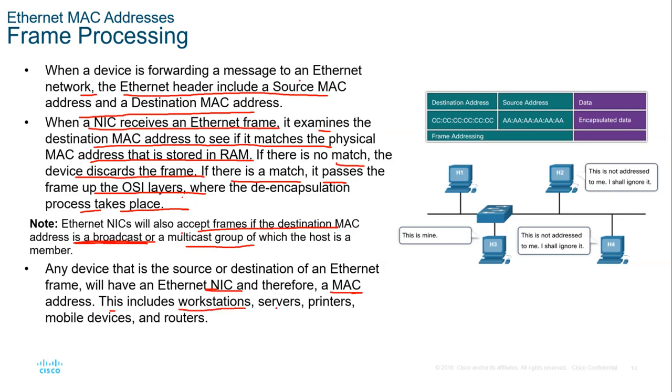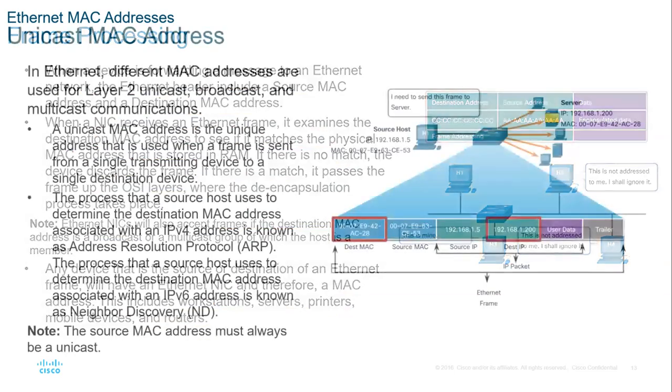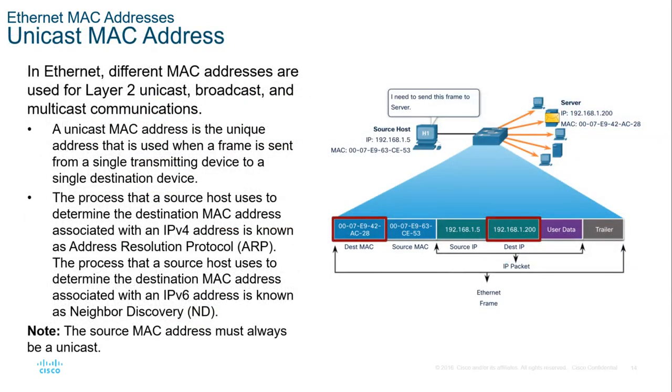This includes workstations, servers, printers, mobile devices, routers, anything that is called a network device. It has to have the network interface, either wired or wireless, and as long as it has a network interface card, it will have a MAC address.